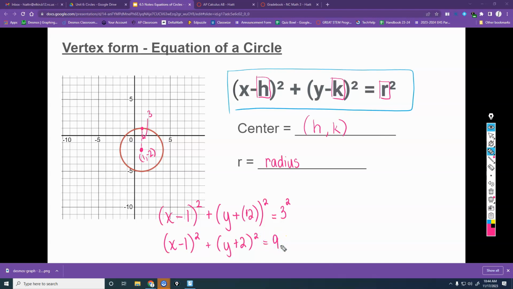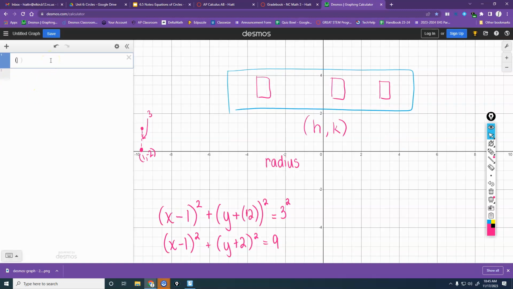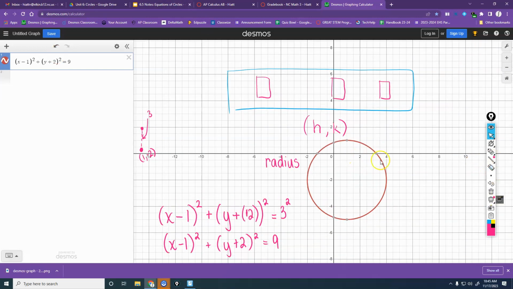Here's the wonderful thing about this. Desmos will graph these. The old graphing calculators will not graph it. So before we could use Desmos, this was much more difficult to do. But now that we can use Desmos here, if I want to graph this, I just type it in, x minus 1 to the second plus y plus 2 to the second equals 9, and it's going to graph it for me there.